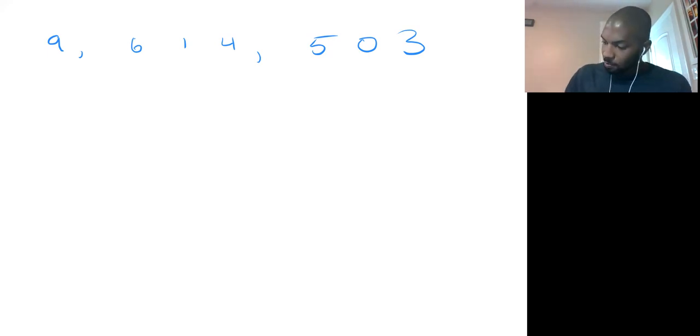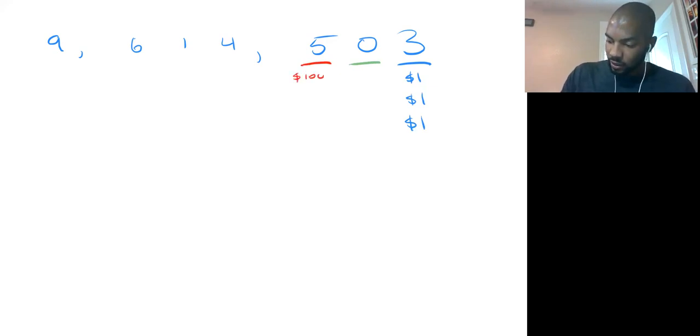So my first spot is the ones place. The 3 is in the ones place, so there's going to be 3 $1. There's nothing in the tens place, so no $10 bills. There's a 5 in the hundreds place, so that's 5 hundreds. Then we have our 1,000 comma.